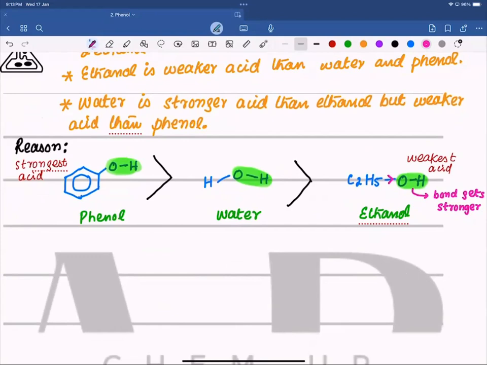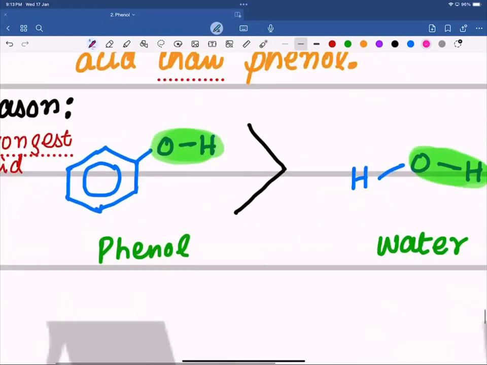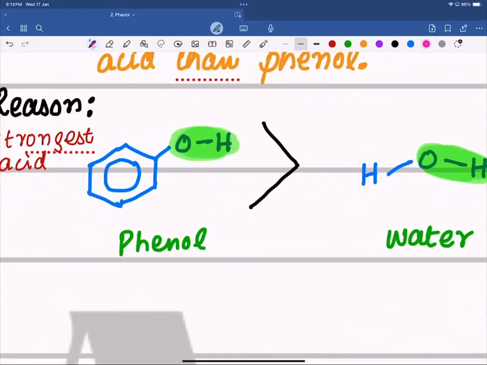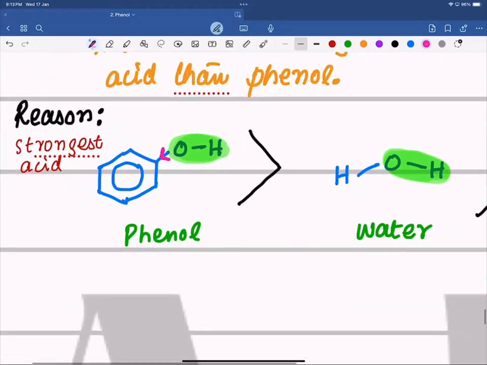Is this clear? Yes, sir. Okay. In the previous class, we saw that oxygen is overlapping its lone pair. So basically, oxygen is donating its electron to the benzene ring, and hence it tries to take the electron from the hydrogen, which makes this bond weaker.